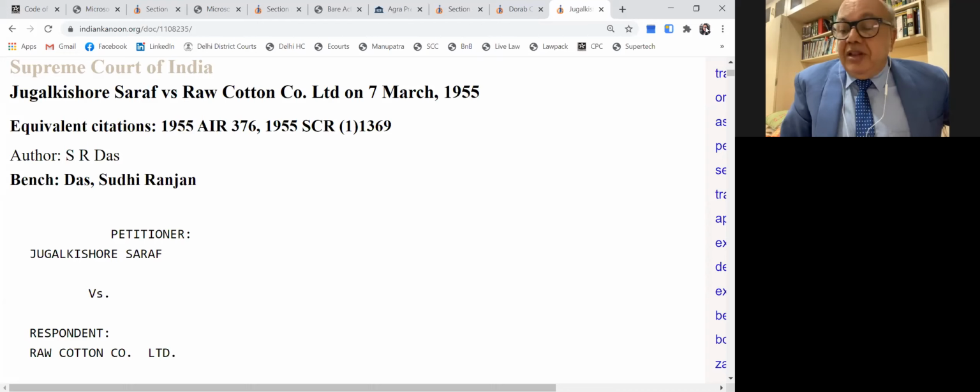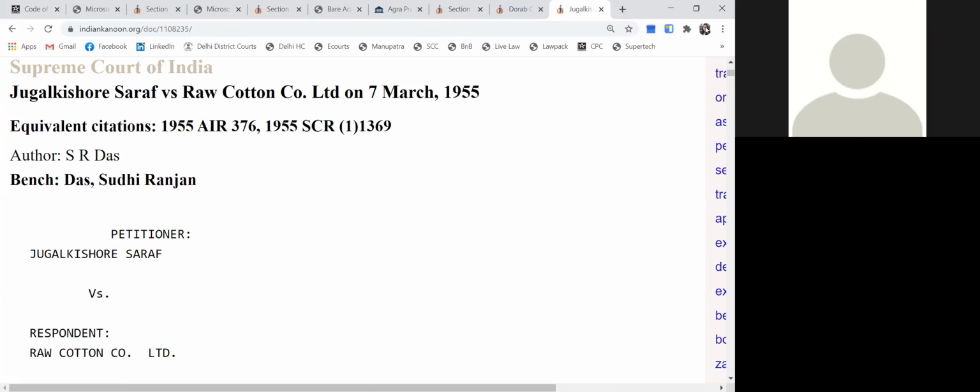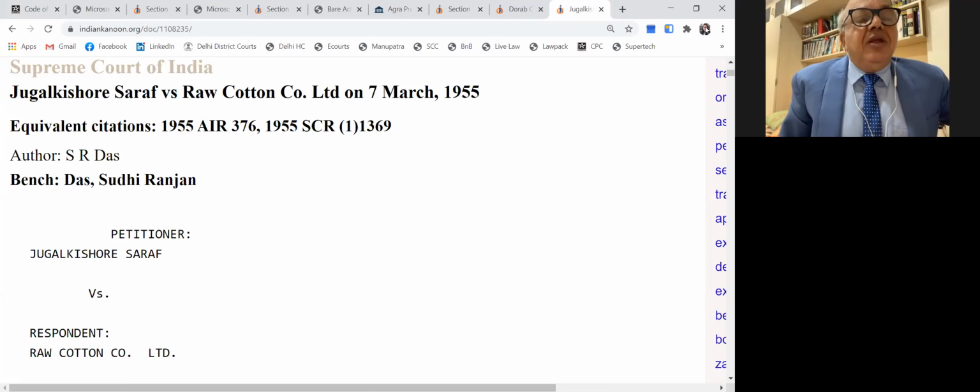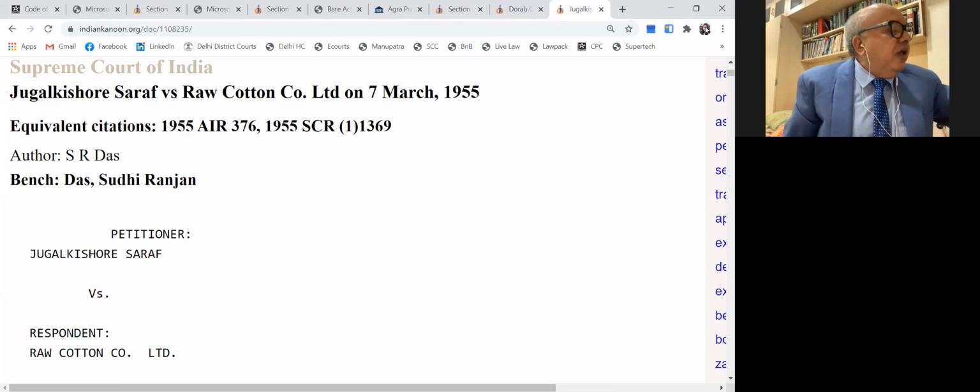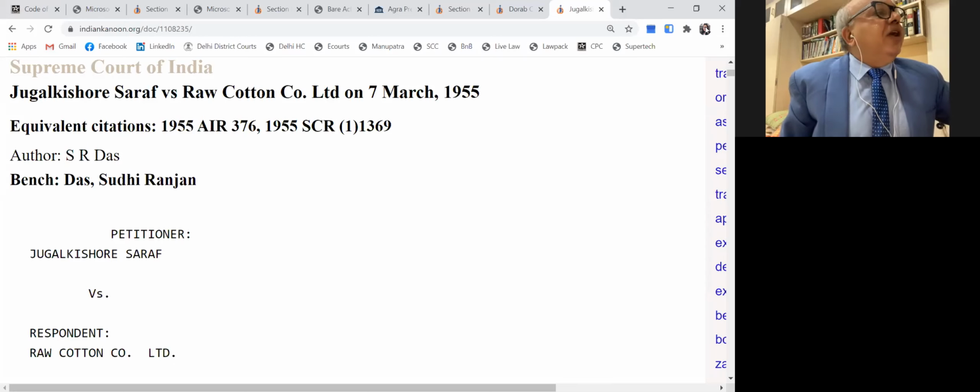Here, what happened in this case, Habib and Company, you must be aware of. This is prior to partition; the suit was filed in the City Civil Court, Bombay. Habib and Brothers filed a suit against Jagal Kishore Saraf for recovery of a certain amount.